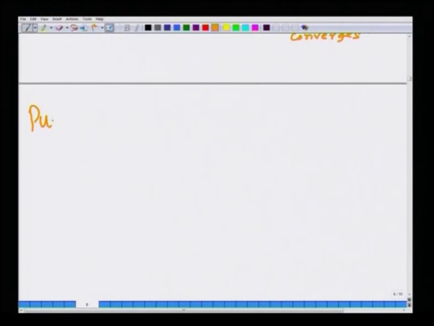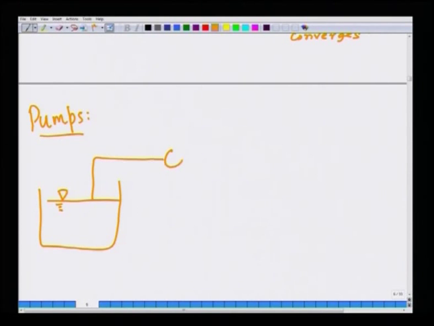Now, let us go to the case of pumps. Let us go back to the same example: you have a free surface, and then you have a pump and then you have valves, and you are writing the balance between point 1 and 2.